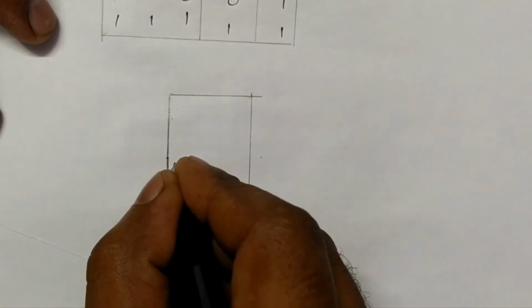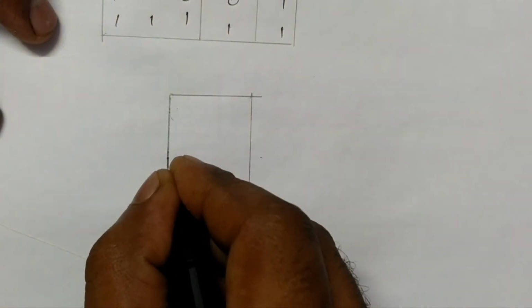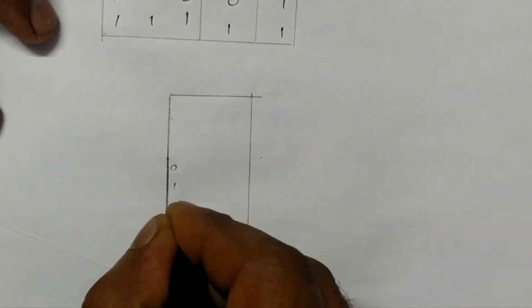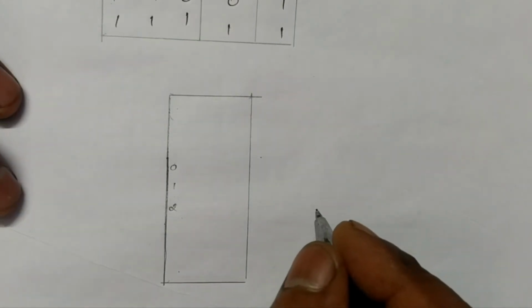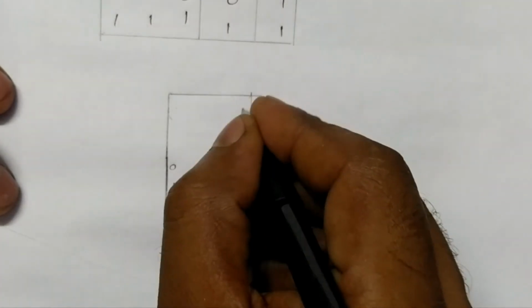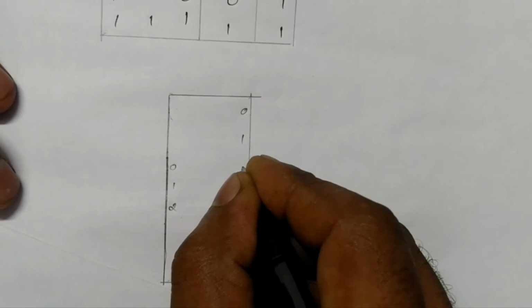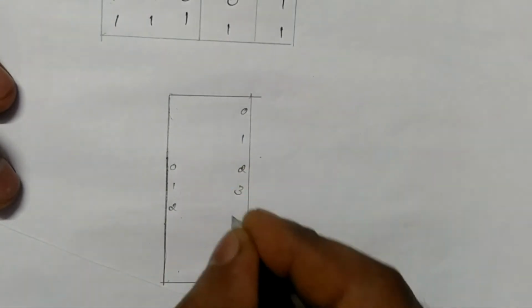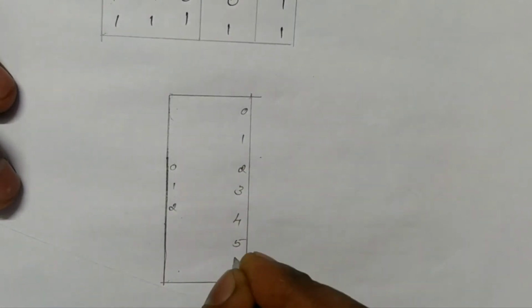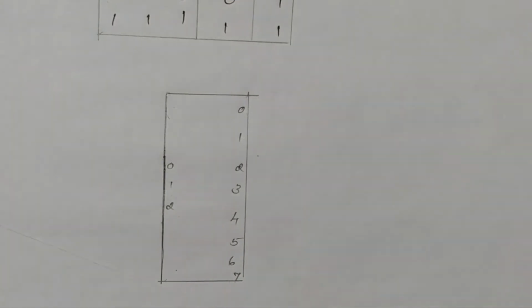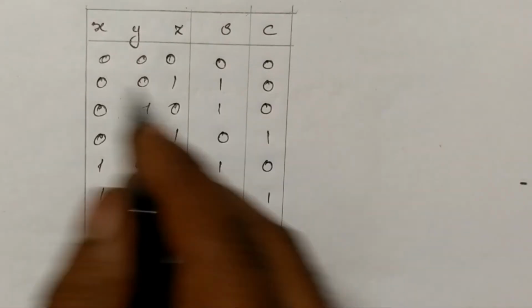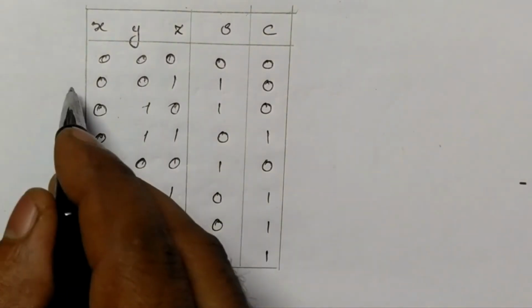Here inputs 0, 1 and 2. Likewise outputs 0, 1, 2, 3, 4, 5, 6 and 7. So here for sum, the equivalent is 1.